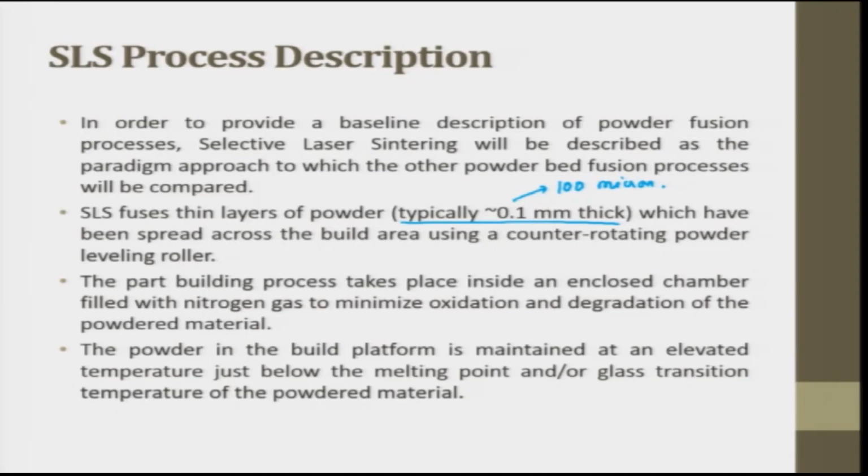In order to avoid it, we fill the chamber with nitrogen gas, which is non-reactive. The powder in the build platform is maintained at an elevated temperature just below the melting point or glass transition temperature of the powder, such that it sticks with the previous layer.